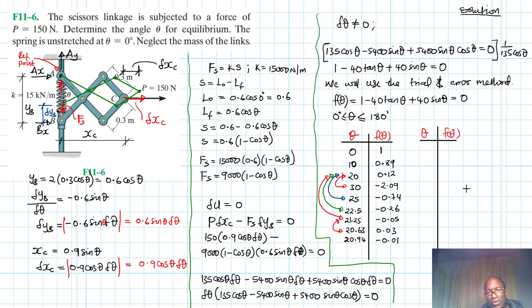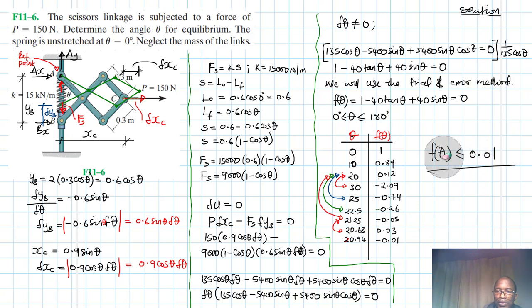An error of less than or equal to 0.01 is good enough. So you can end here, because you don't have really the time. So you can say theta therefore is approximately equal to 20.94 degrees.